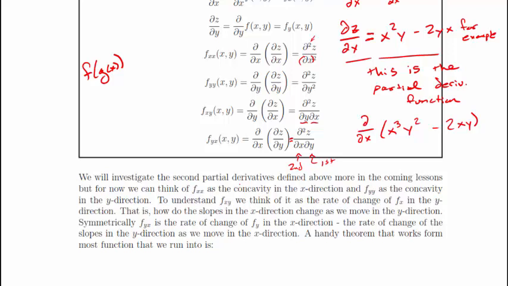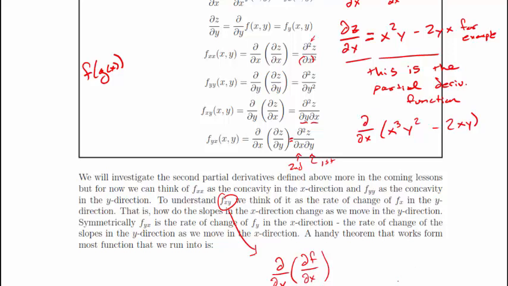So remember here we are doing the partial with respect to y of the partial of f with respect to x. So this is giving us our slopes in the x direction, and this is saying how those slopes are changing as we move in the y direction.